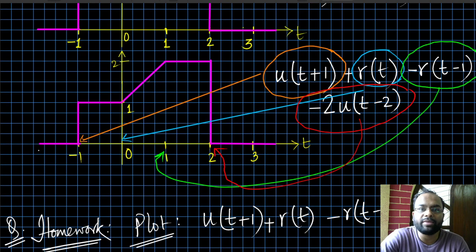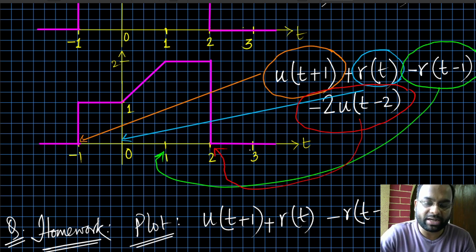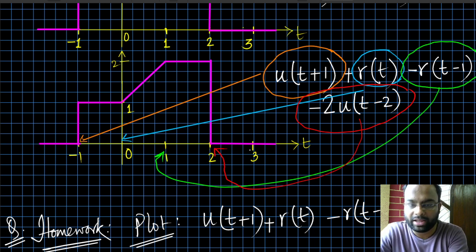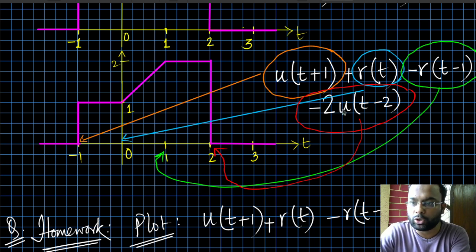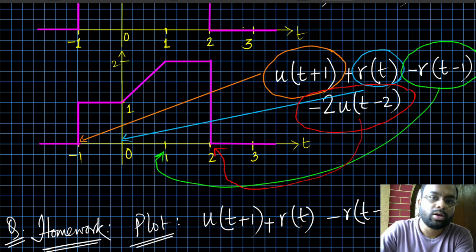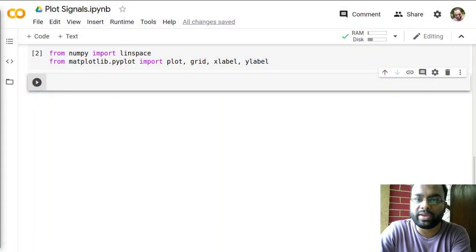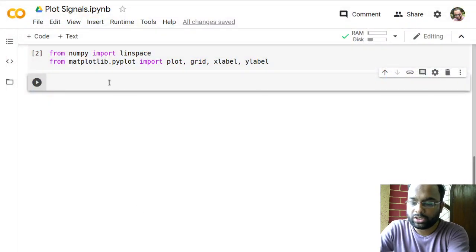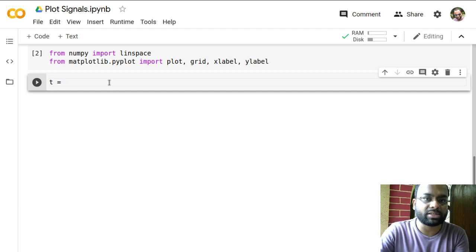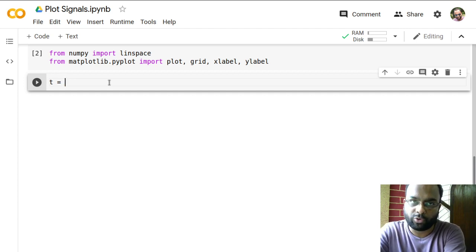For this one we did plot the signal from somewhere before t equal to -1 and went up to t equal to 3 or 4 maybe. So from t equal to -2 to 4, something like that. So we would need to remember that. Once we have figured that out, we are going to plot our signals from t equal to -2 to 4.